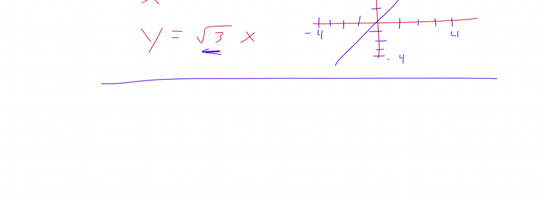So with these polar graphs, we want to be able to come up with tangents of them. How can I find a tangent line to a curve? So we need to figure out our dy/dx.